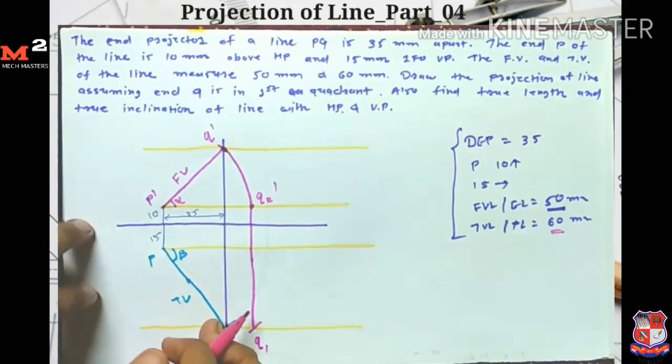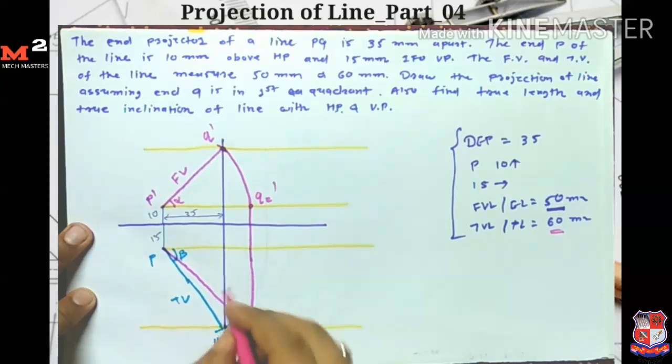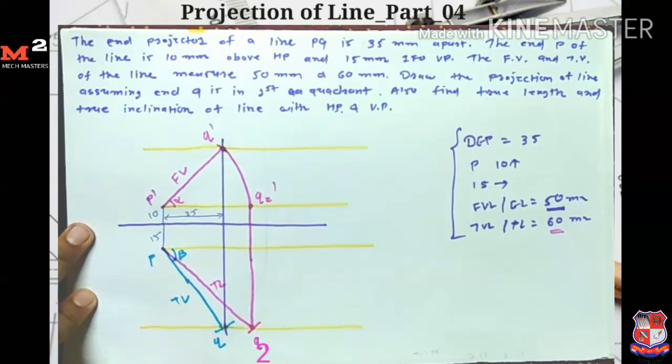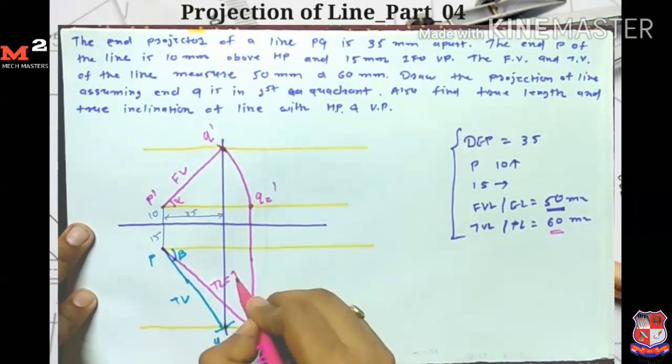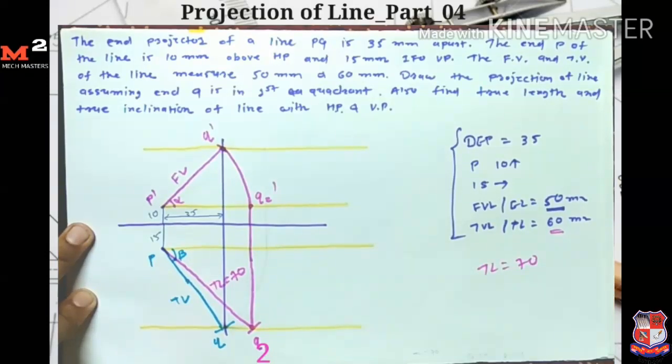So joining this point, I get my true length. If I measure the true length, it is equal to 70 mm.